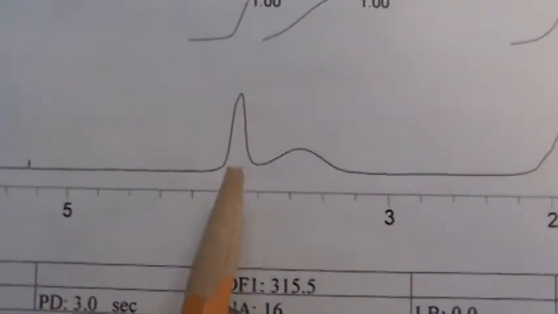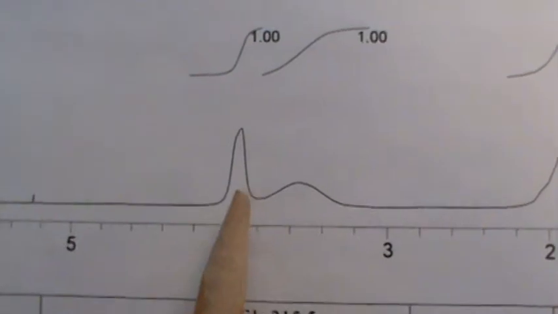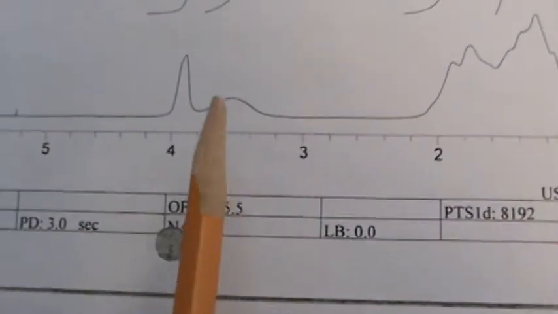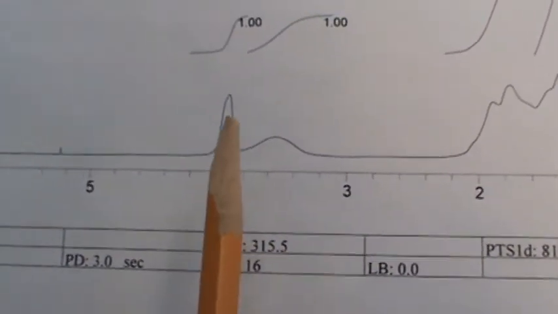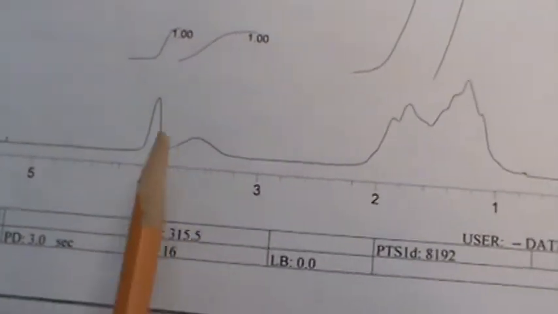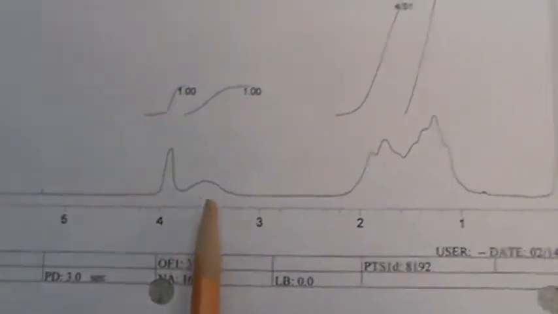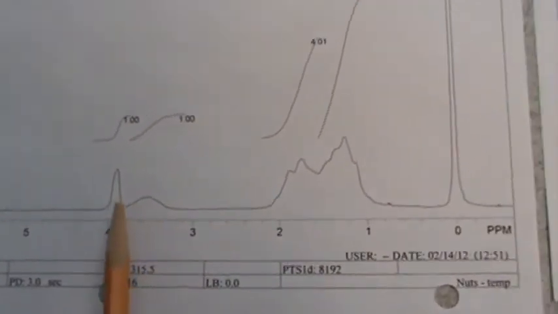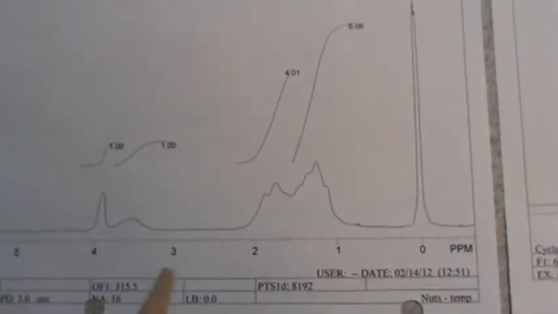Now we can't officially know which is which, but I'm willing to bet that this is logically likely to be this hydrogen because it's splitting to so many other things. That's why it's spread out so much. See how this one, even though it looks like a singlet, it's still pretty tall. But you could confirm or deny which one of these two is which when you go on that SDBS website. You'll definitely know which one is which for cyclohexanol. It's a better reference spectrum than certainly this one would be.